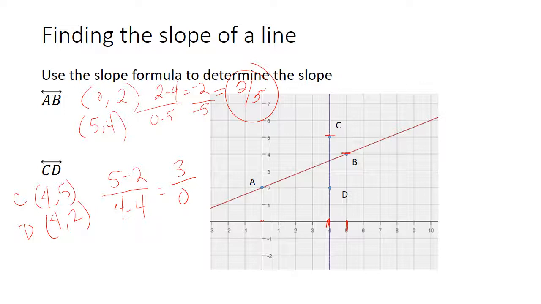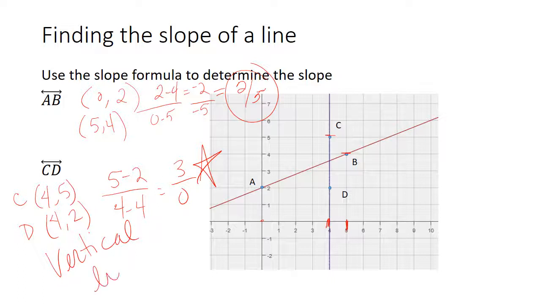As soon as you put a 0 on the bottom in your denominator, you should get a big alarm that goes off. You cannot divide a number by 0. This is a vertical line. Vertical lines don't have a slope of 0. Not 0, undefined.